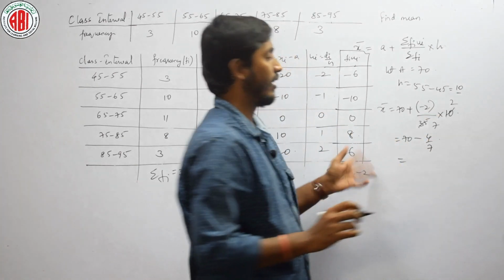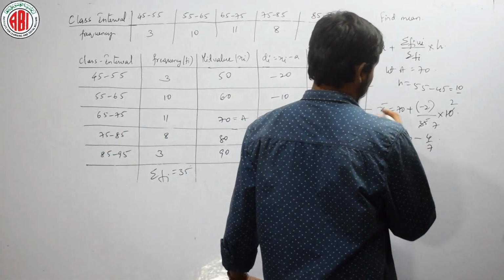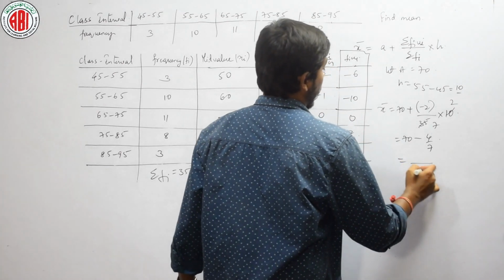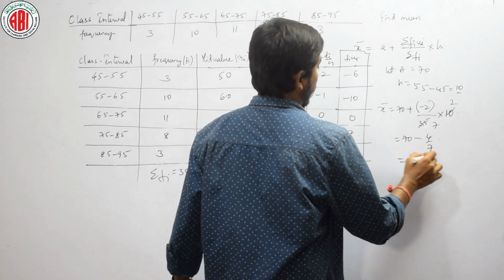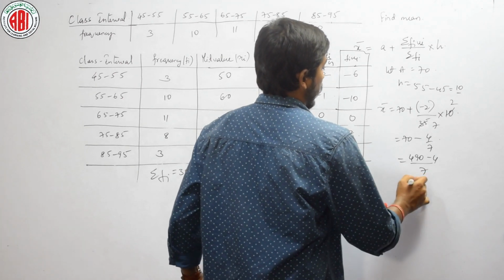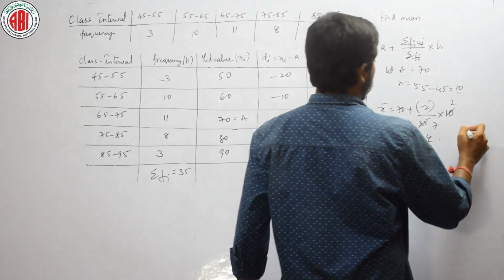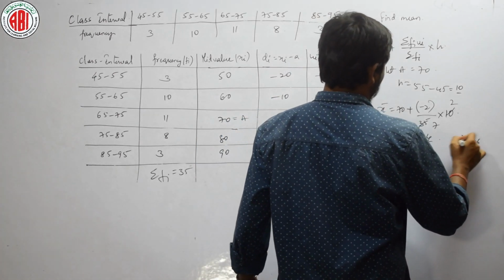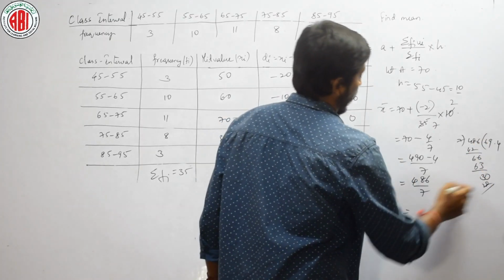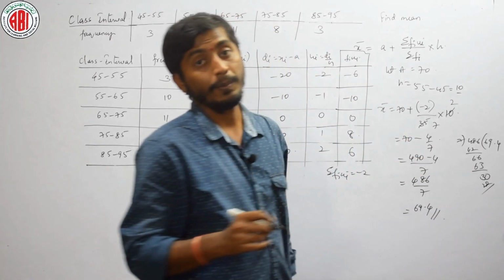If you want you can take LCM or else directly subtract 4 by 7, or else let us take LCM. 7 7s are 490 minus 4, which is 486 divided by 7. Let us divide 486 by 7. Therefore, the answer is 69.4. This is my mean. Okay.